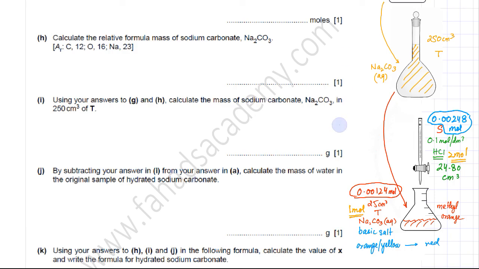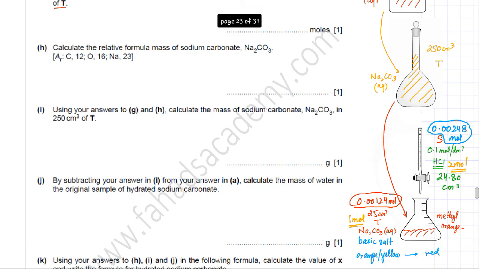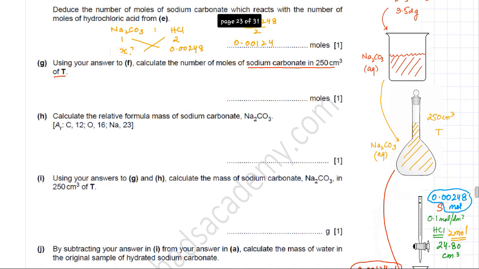So according to the ratio, the number of moles of sodium carbonate over here would be multiplied by 10. That would be the quantity of moles of sodium carbonate in this flask over here, because the volume 250 cm cube is 10 times the volume of 25 cm cube T that's being used over here. So again, using ratios, we know that the 25 cm cube T in the conical flask contains 0.00124 moles.